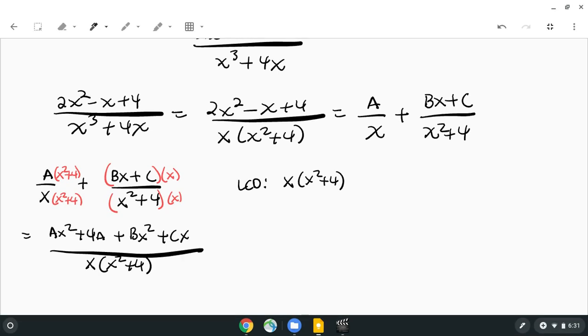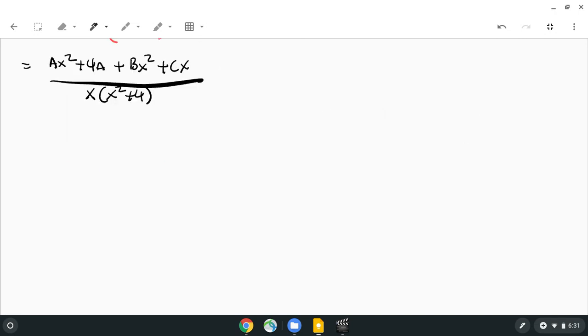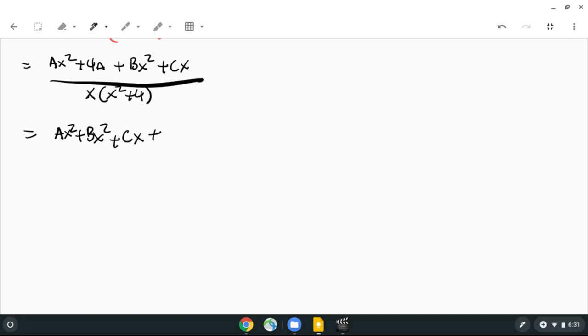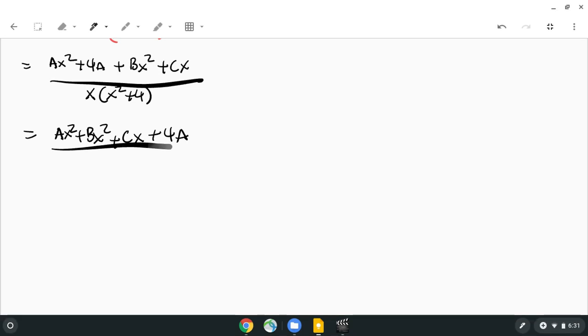Okay. All right, so let's take a look at what we have here. So let's reorganize it so that we have the x squares together. Okay, and so I get the ax squared plus the bx squared, and then the cx all by itself, and then the 4a all by itself, okay?